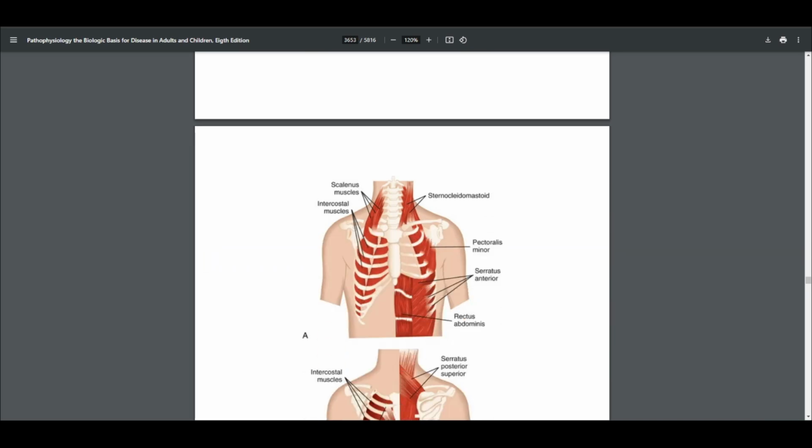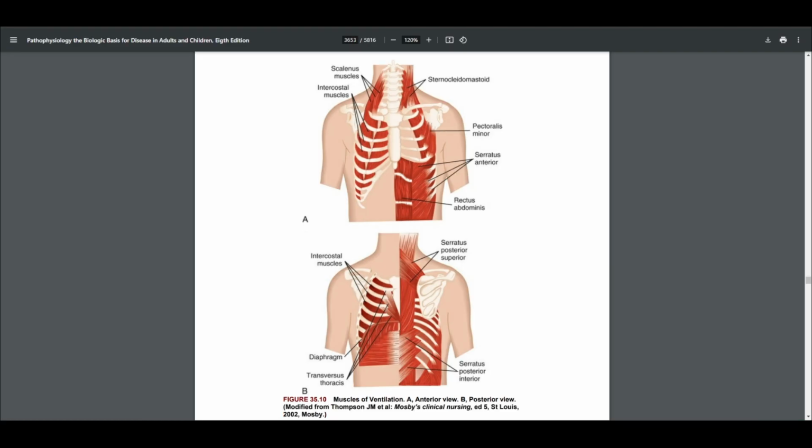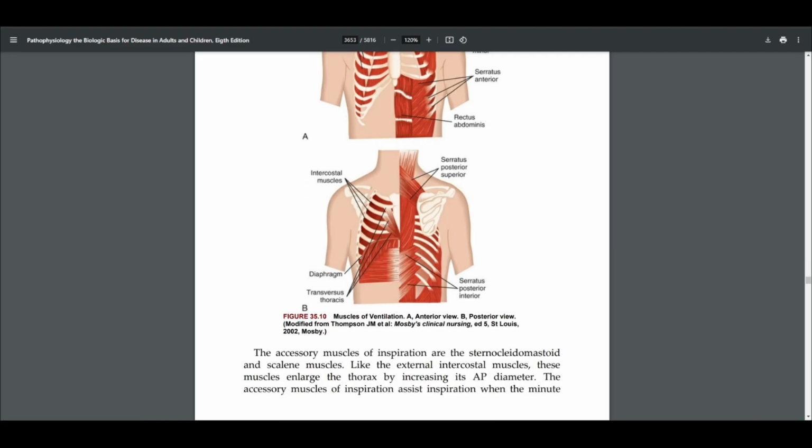So here we're taking a look at the scalenus muscle, your intercostal muscles, your sternocleidomastoid, your pectoralis minor, your serratus anterior, your rectus abdominis, and then again your intercostal muscles, your serratus posterior superior in the back, serratus posterior inferior, your diaphragm, and your transversus thoracis.